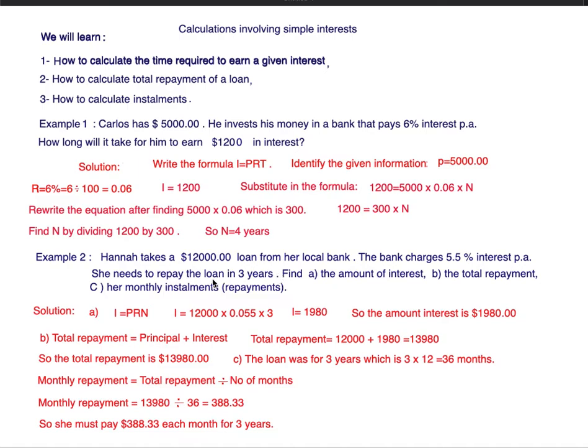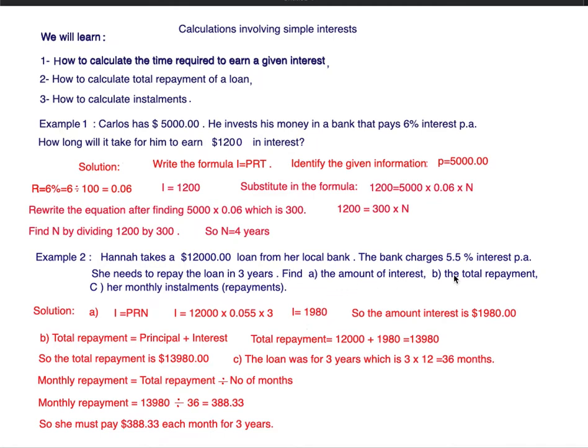Then the length of time for the loan to be paid is 3 years. So she's keeping the bank's money for 3 years, so you multiply it by 3. If you multiply this together in your calculator, you will get 1,980. So the interest is 1,980.